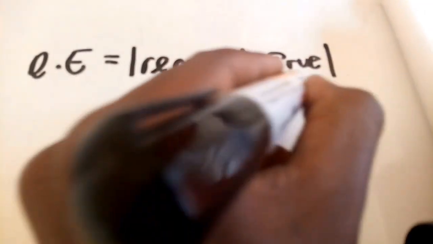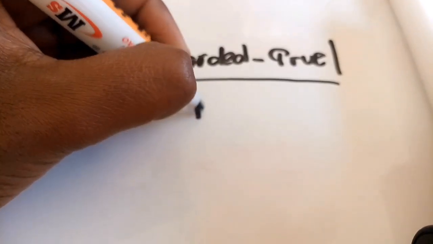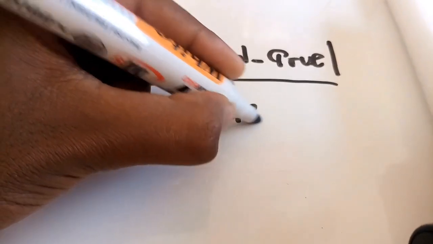So relative error, I'll write it as RE, will be equal to the modulus of the recorded value minus the true measurement, over the true measurement.